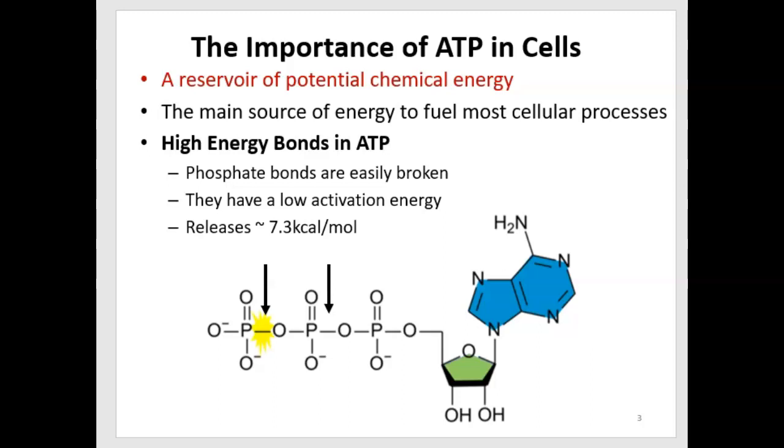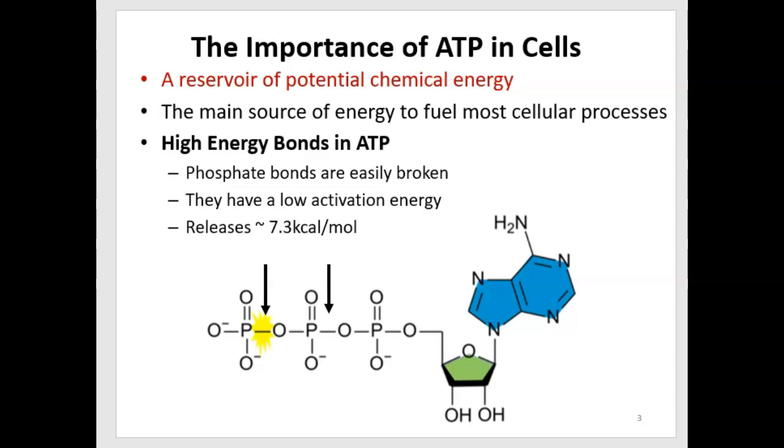That doesn't mean much to you and I, but you do understand a little bit about the fact that bonds contain electrons, and when the electrons move during the breakage of the bond, that is kinetic energy. Now, these bonds are easily broken because it doesn't require much activation energy to break them.